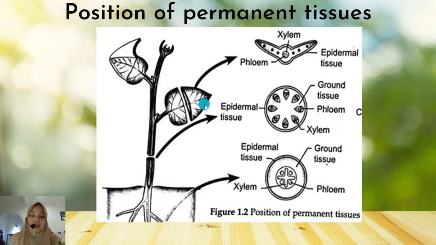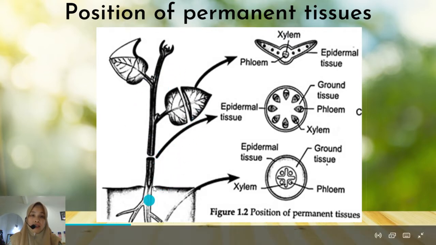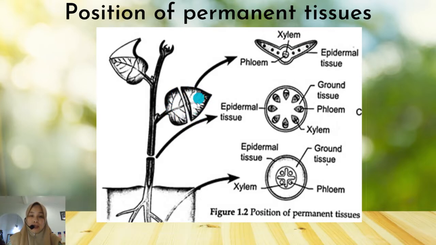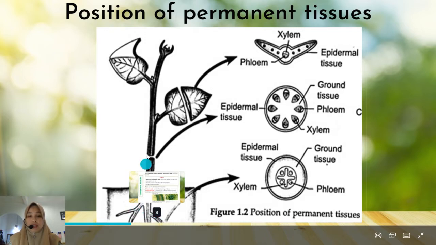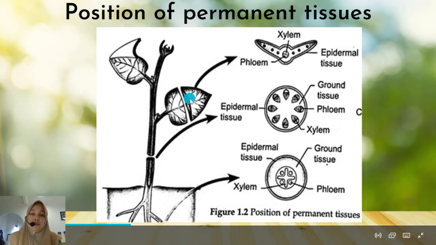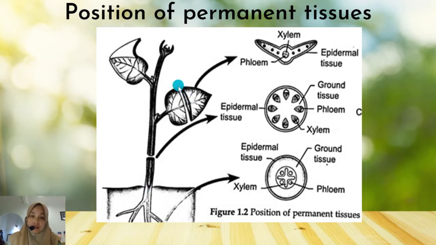This is a plant. This is referred to the leaf of the plant. This is the stem of the plant, and this one is the root of the plant. When we do a cross section of the leaf, what can we find out? We can find the three types of permanent tissue of the leaf.